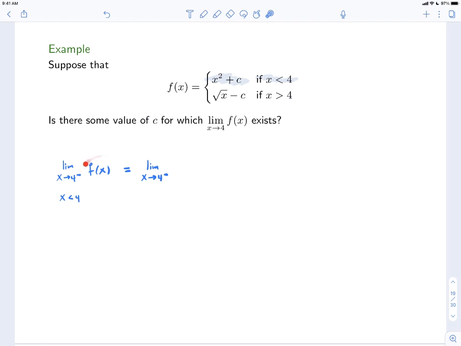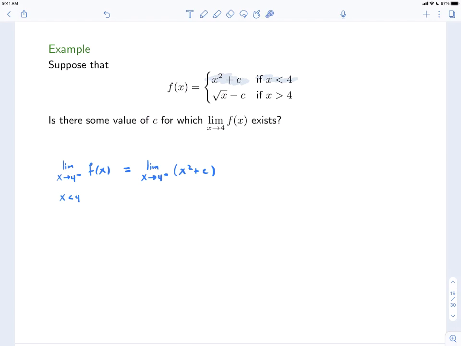So f at x, in this case, is always equal to x squared plus c, because x is always less than 4. So we just write x squared plus c.